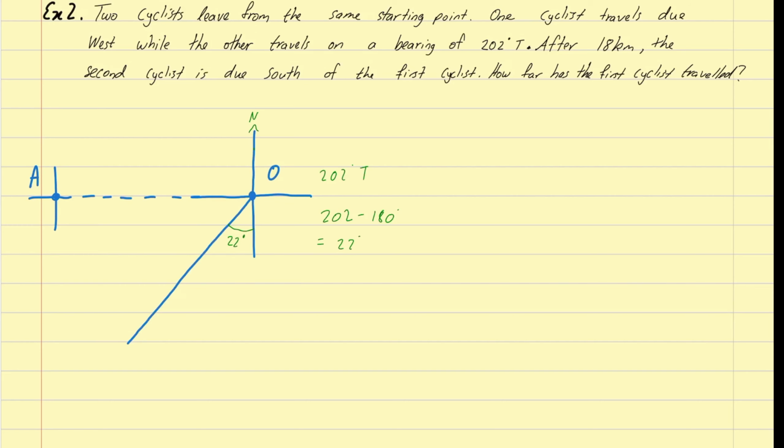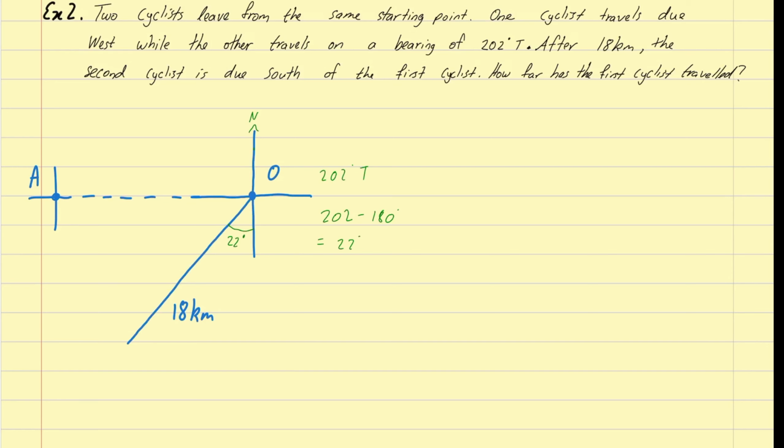After 18 kilometers, so now the second cyclist has been traveling for 18 kilometers. The second cyclist is due south of the first one. Okay, so now we've got something to play around with. It says after the 18 kilometers, the second cyclist is due south of the first one.